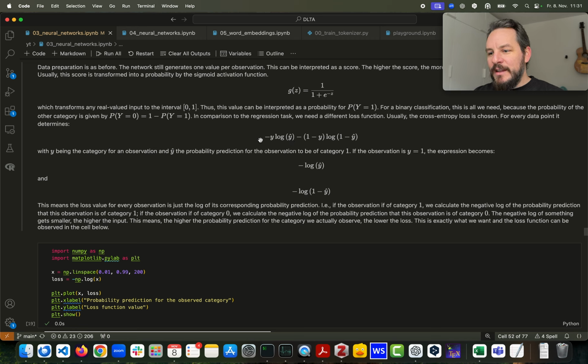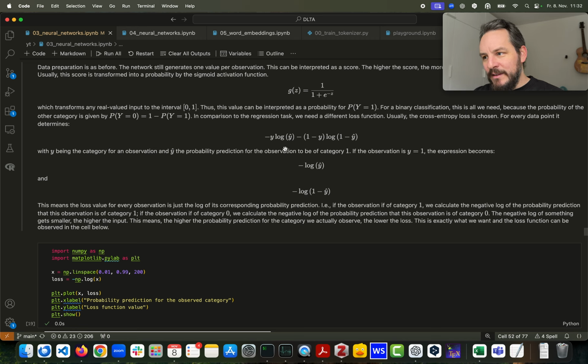Okay, so if we have an observation that in reality is of category 1, then we have here minus 1 times log of the probability prediction for that category. And then 1 minus 1 becomes 0, and 0 times something is still 0.